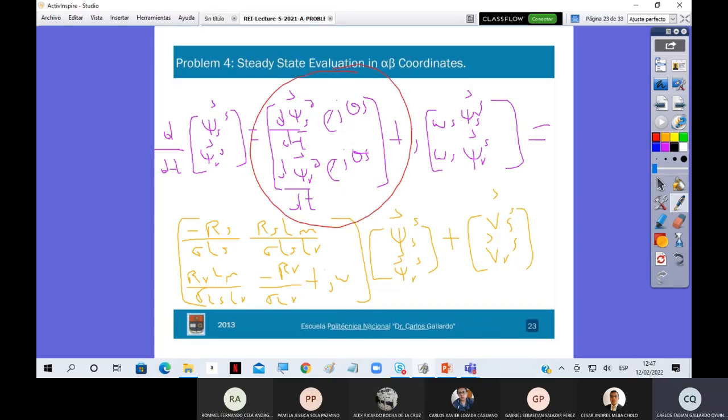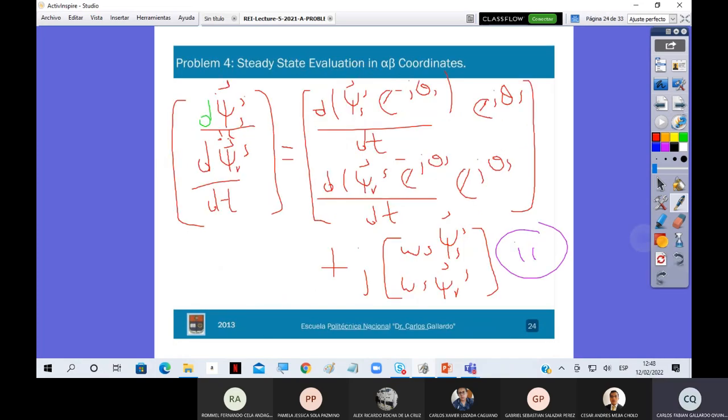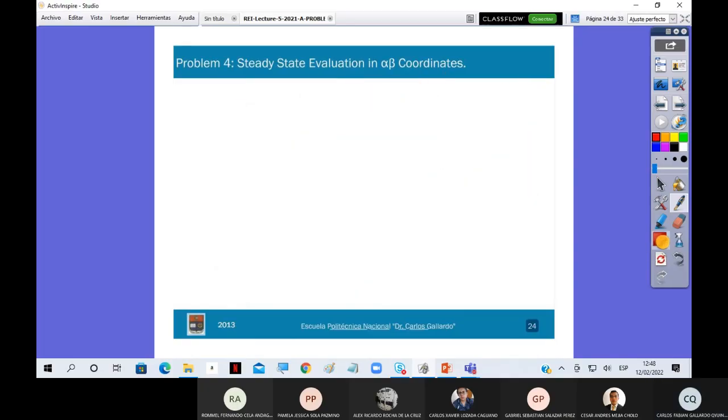Okay, so isolating this term from this equation, I will get the derivative. Because I have the data in the synchronous reference frame, I need to work in the alpha beta reference frame, in the stator reference frame.